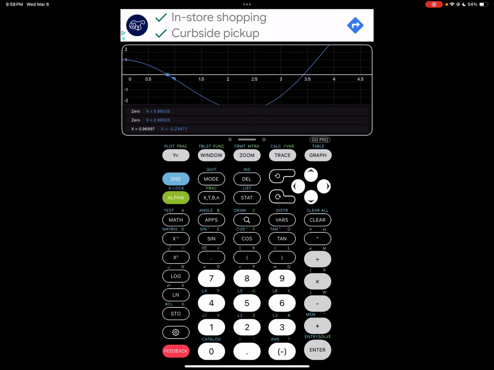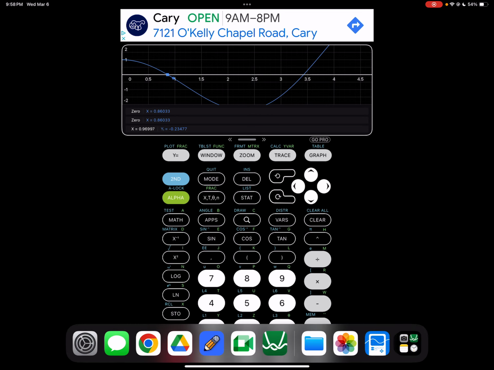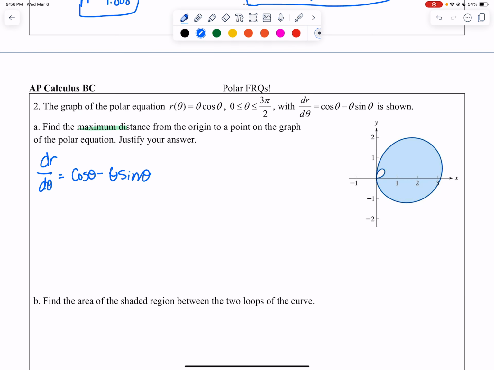So my first zero is going to be 0.8603. So that's my first zero.